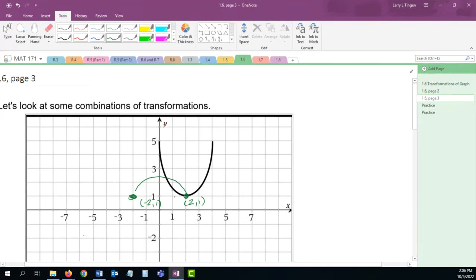I was 2 units to the right of the y-axis. Now I'm 2 units to the left of the y-axis. And then I add 2. So I went from -2, 1 to -2, 3. So now my vertex is here.